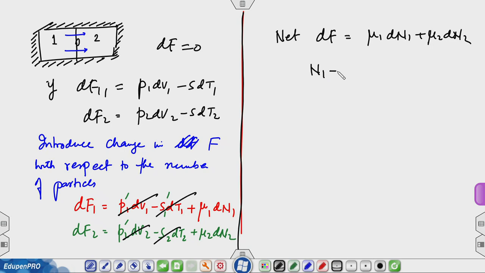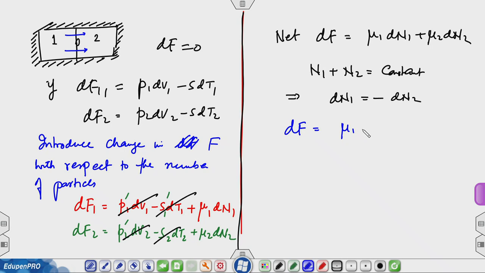Now, N1 plus N2 is a constant, and this implies that dN1 is equal to minus dN2. So, I can write dF equals (mu 1 minus mu 2) dN1, and that should be less than 0.